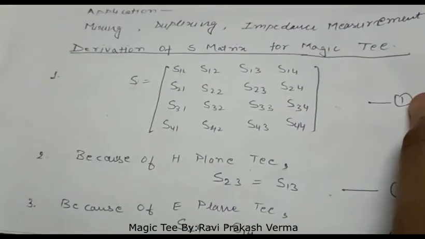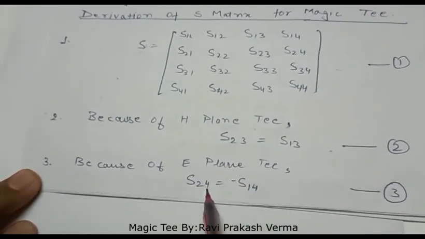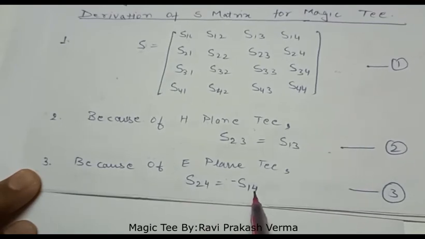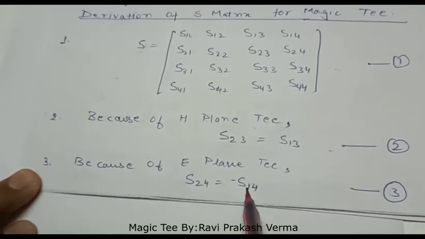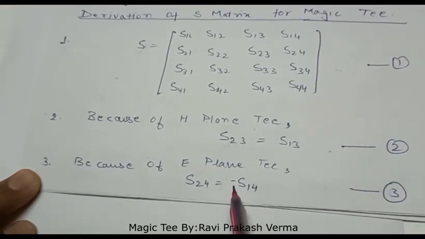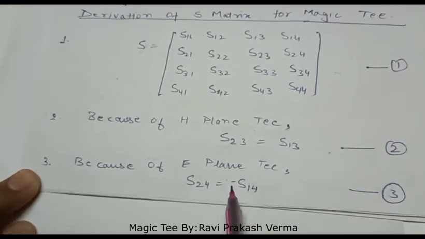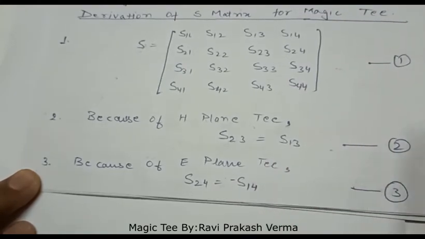That's why it has been written: input is given at port 4 and we take output at port 2, and input is fed at port 4 and output is taken at port 1. Both have equal magnitude but opposite phase. This negative symbol shows the opposite phase. This is from the E plane T, equation numbers 1, 2 and 3.